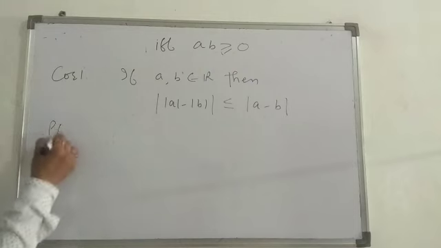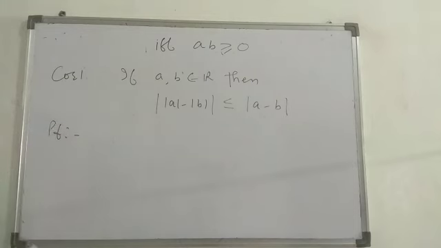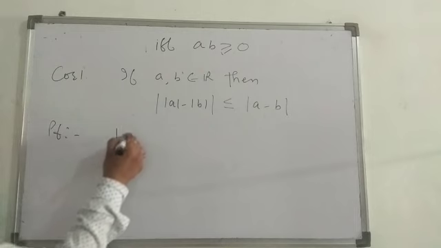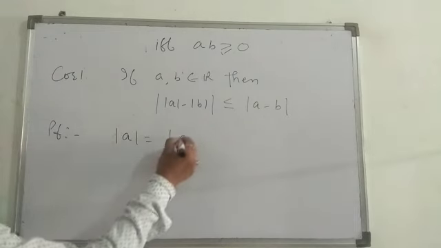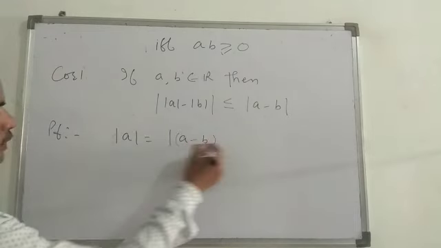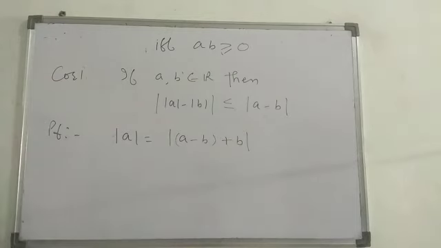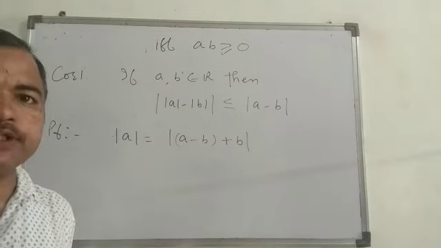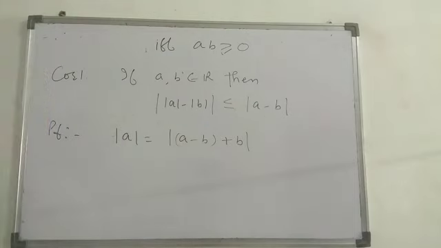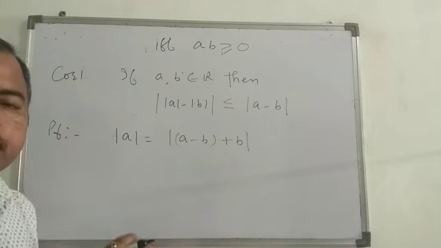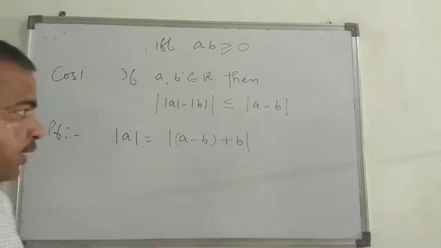Proof. So this |a| can be written as |(a - b) + b|. Theorem 10 is also known as the triangular inequality. The previous theorem I have done, theorem 10, is also known as the triangular inequality.